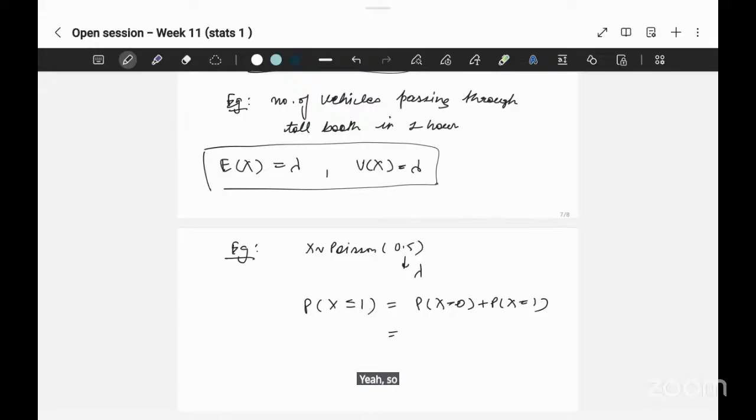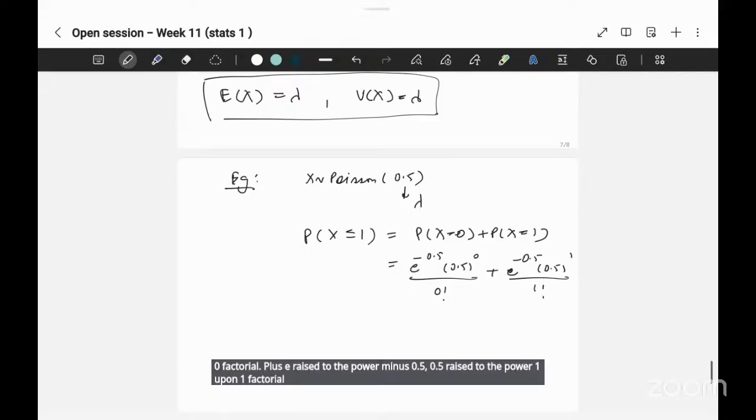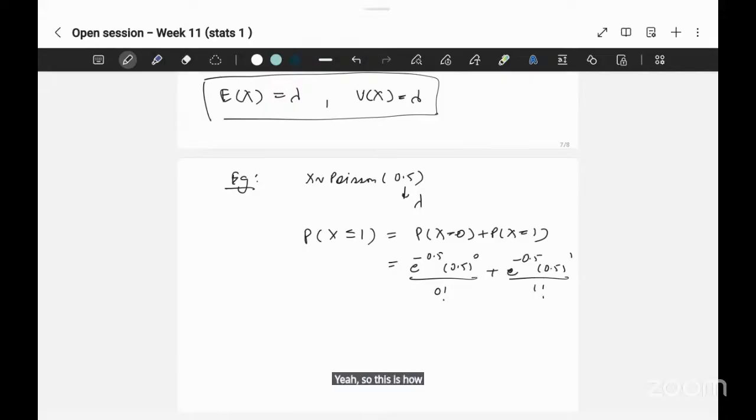So this will be e raised to the power minus 0.5, 0.5 raised to the power 0 by 0 factorial, plus e raised to the power minus 0.5, 0.5 raised to the power 1 upon 1 factorial. So this is how you solve the questions for the Poisson distribution. Clear?